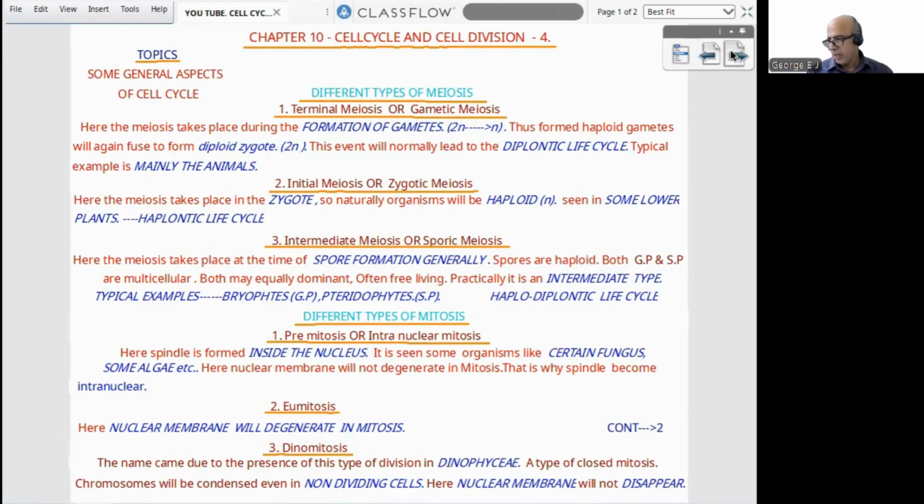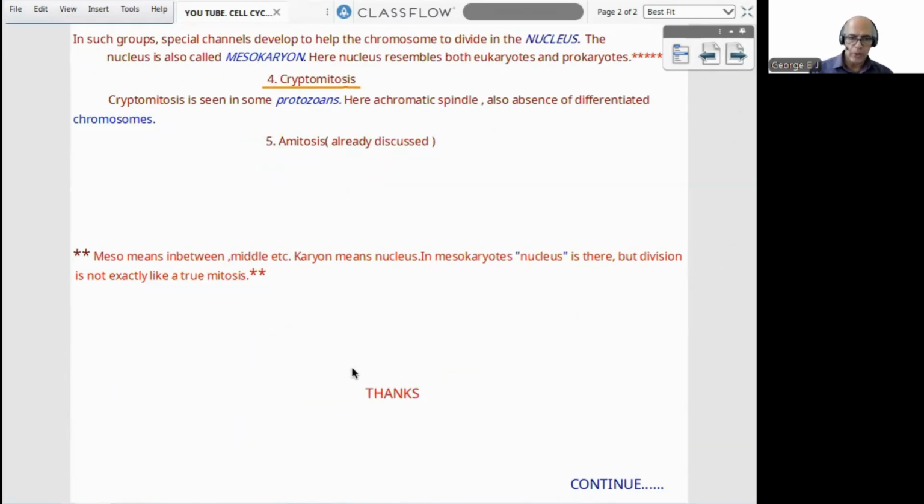Then came the last term, cryptomitosis, protozoans, achromatic spindle. Mitosis, we already discussed. So here, mesokaryon: meso means in between or middle, karyon means nucleus. In mesokaryon, the nucleus is there, but the division is not exactly like that of a true mitosis. That is regarding this small episode.